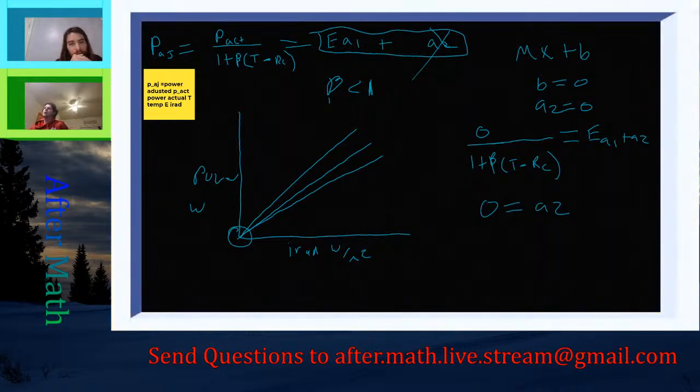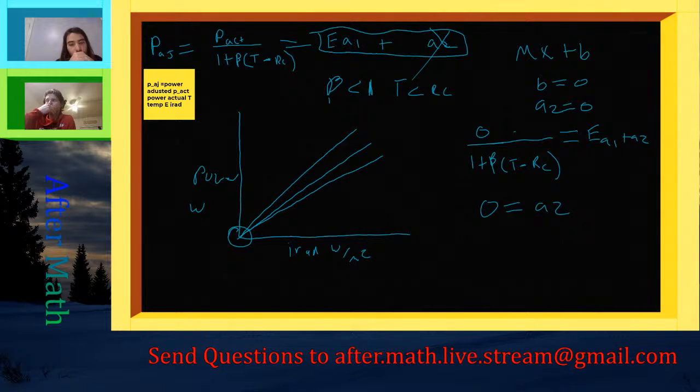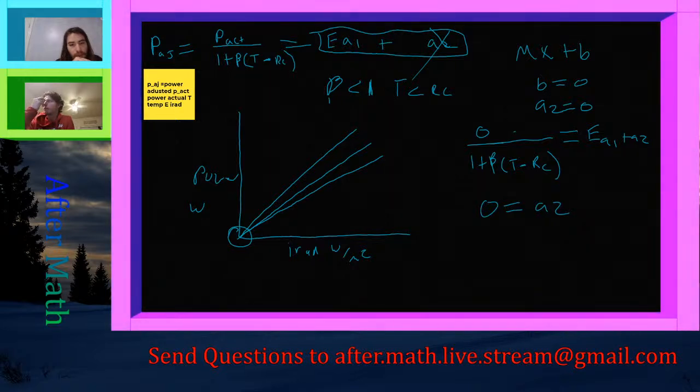So if T is less than RC, the bottom is never going to go negative, I believe, right? If beta is less than 1.